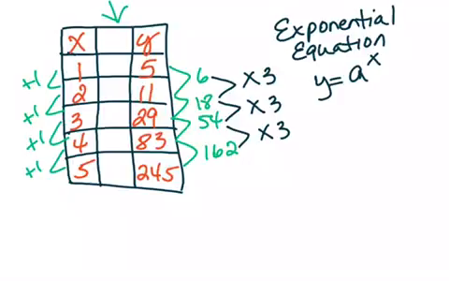In this case, a is 3. So we call this equation y equals 3 to the x power. Now watch how easy it is to figure out what the rest of the equation is.